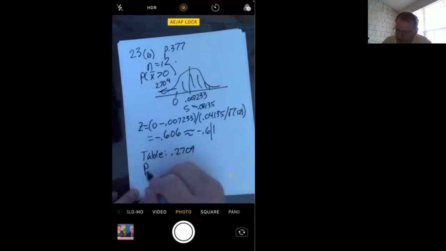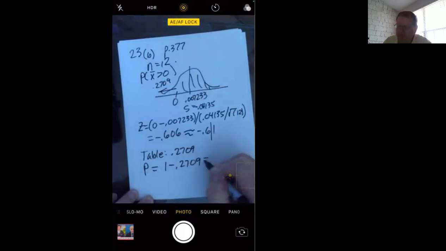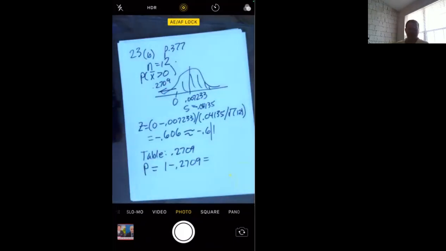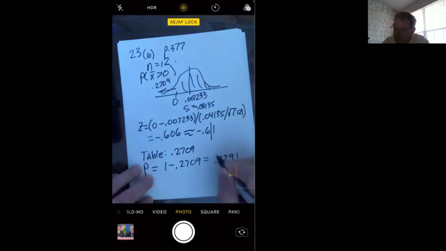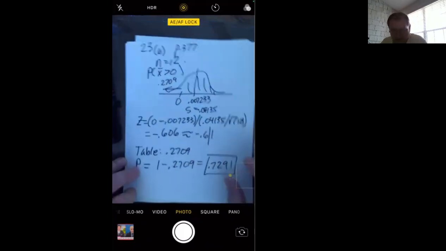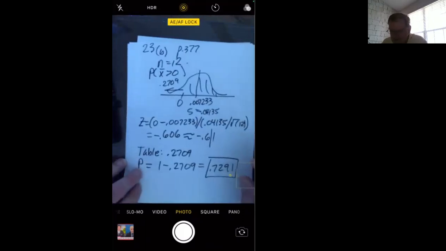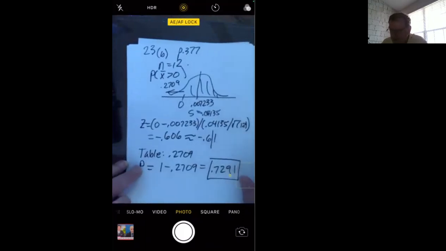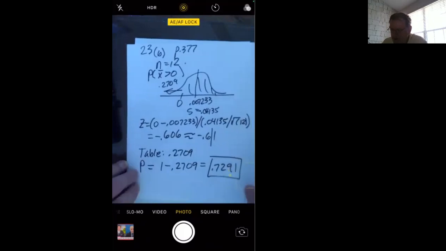And our answer, 1 minus 0.2709 is 0.7291. So in the next 12 months, 72% chance of having a positive rate of return.